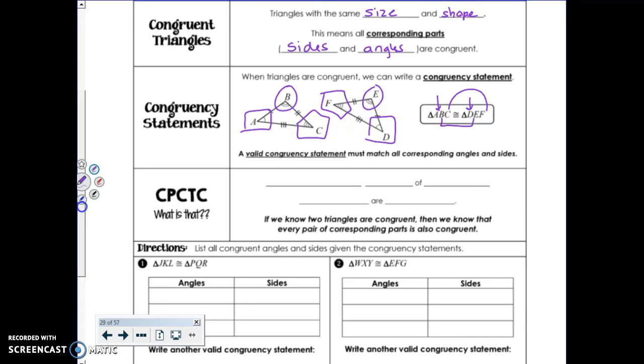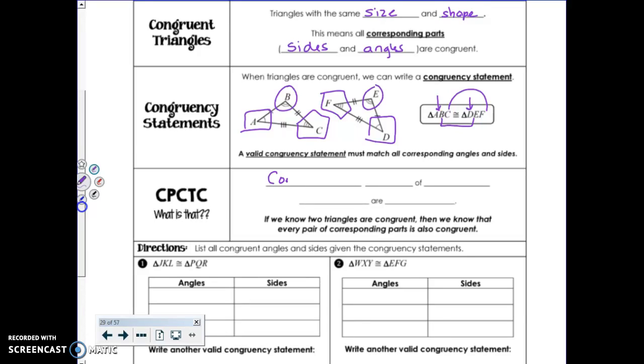So CPCTC is the next thing I want to briefly talk about. You're going to be hearing this a lot. And I don't really want you using the acronym unless you really know what it stands for. I would much rather you use abbreviated words and symbols to help convey that meaning than just memorizing an acronym.